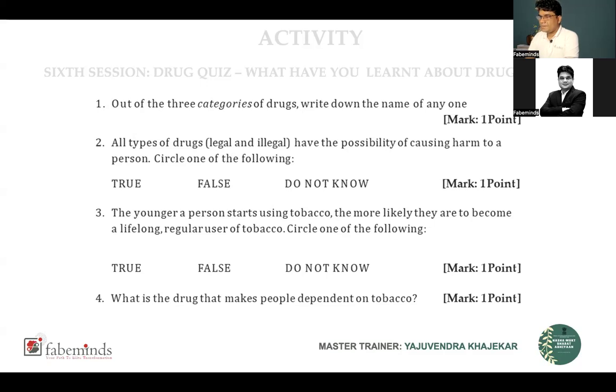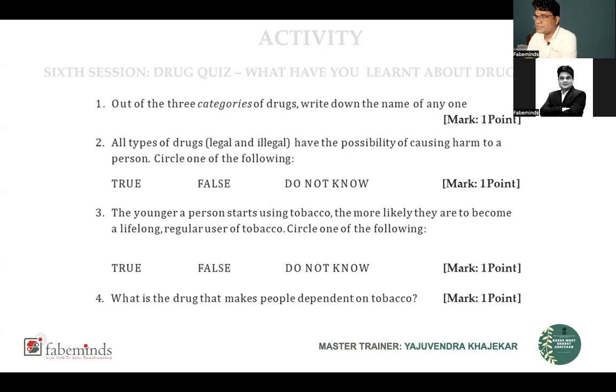Okay, good. All types of drugs, legal and illegal, whether legal or illegal, have the possibility of causing harm to a person. So, true or false, or do not know? All types of drugs, true. Very good.